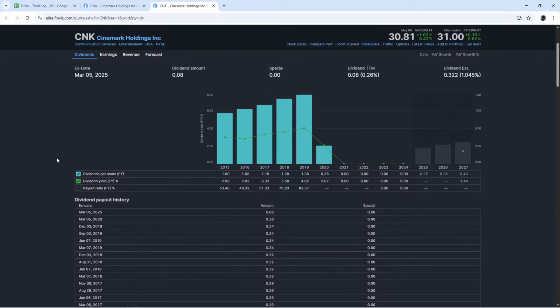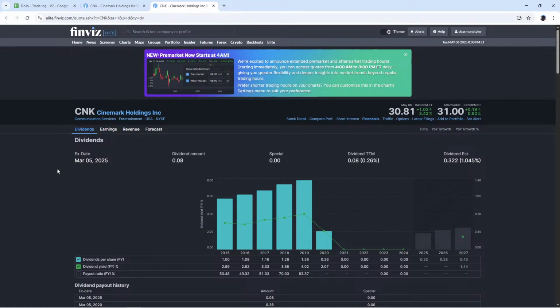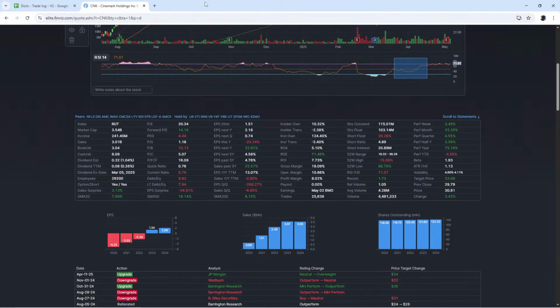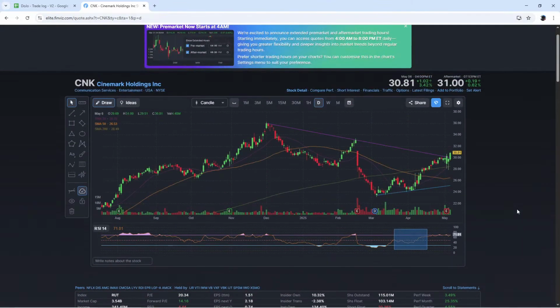It looks like they just started paying again in 2025. Eight cents a share seems like too much for me. It's too expensive. Not going to buy shares right now. I would like to have gotten shares down here, if anything. But hey, beggars can't be choosers.